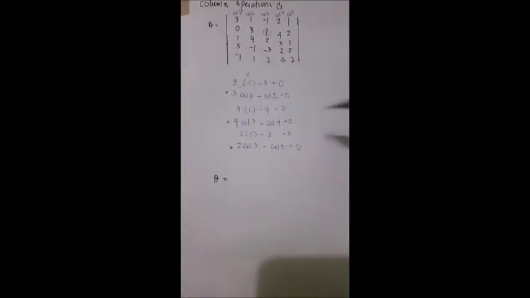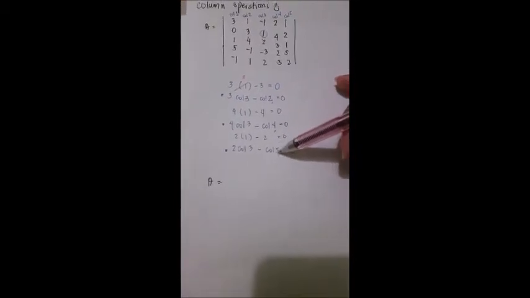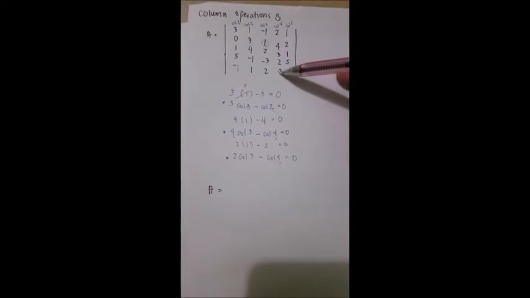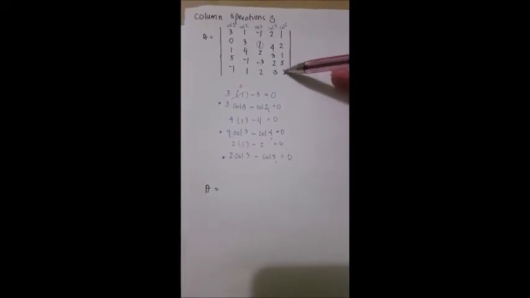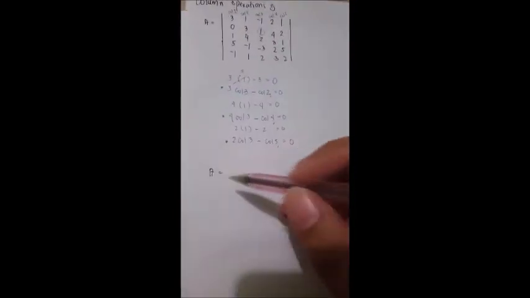Okay, so, take note, we have here column 2, column 4, and column 5. Meaning, etong 2, 4, and 5, sila yung affected. So, meaning, we can now just copy column 1 and column 3 as it is.